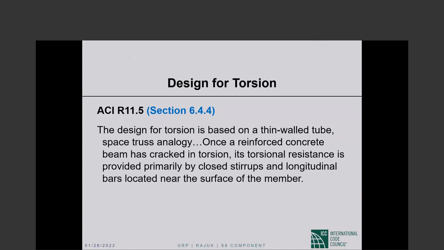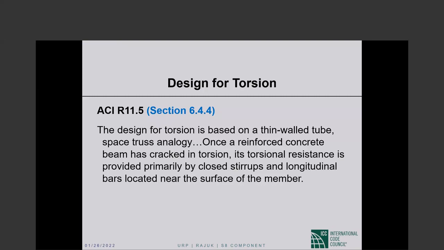Once a reinforced concrete beam has cracked in torsion, its torsional resistance is provided primarily by closed stirrups and longitudinal bars located near the surface of the member. So the closed stirrups, the word closed here is very important, and we will discuss it later.